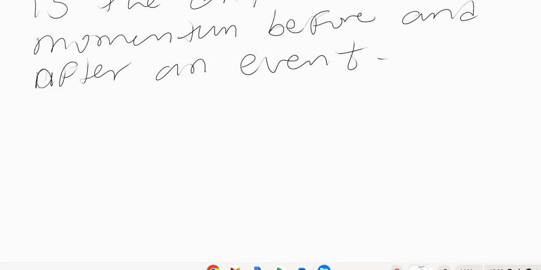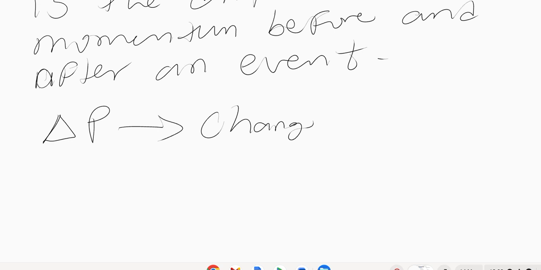So in order to represent the change in momentum, we use delta, this symbol delta P. So this represents what? The change in momentum, right?